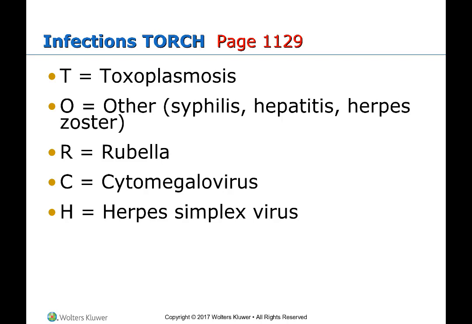So toxoplasmosis, it is around. So think of cat feces, somebody else gets to clean the litter box for 9 months? Rare meat, raw meat, but it can also just be in the soil. So wearing gloves also would be something you could teach.